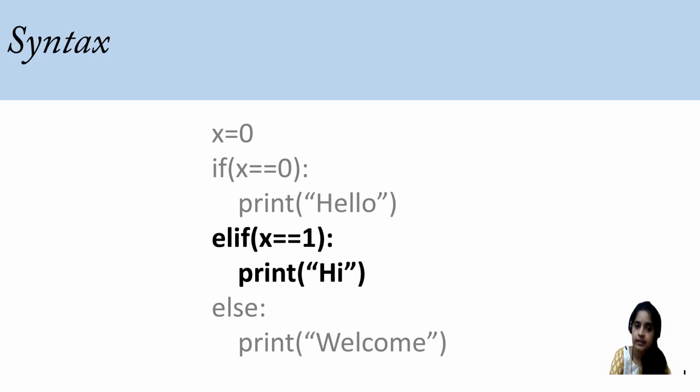In this case, either if or elif or else will be executed, never two or more statements. Only one block will be executed. And if there are multiple elif, any one elif may get executed. So we look at the program now.